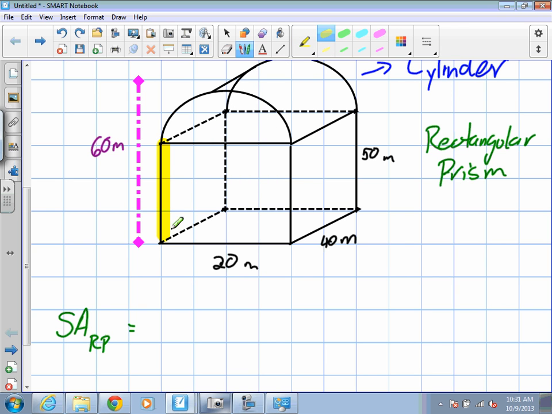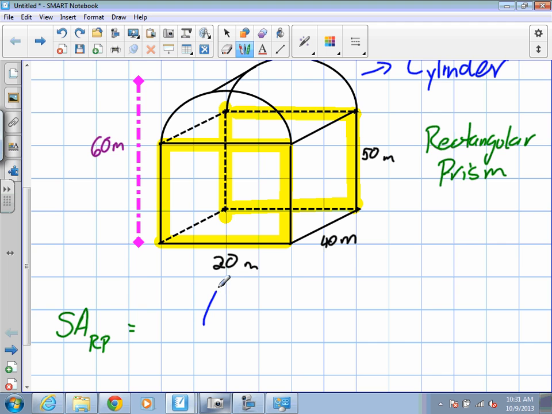But this will be our first face here. Okay? The front, and then yellow goes across in the back. The front and the back will both have the same area to them. The reason being is because they're both using this base and this height. So instead of keeping them separate, we'll put them together. If we find the area of this first face, we just have to multiply it by 2.